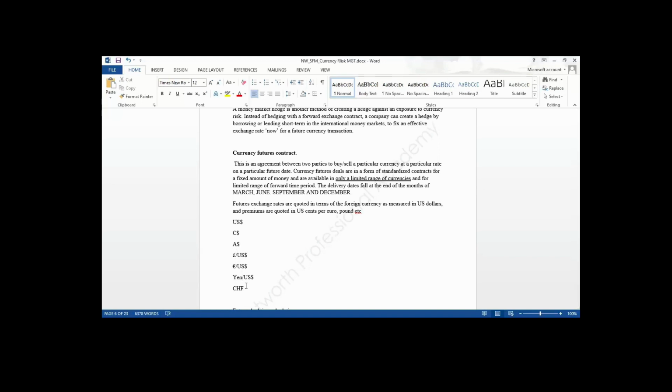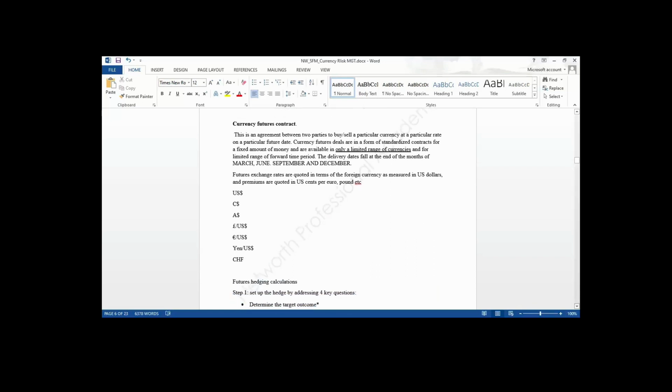That is Switzerland currency. Only these currencies can operate in the markets.